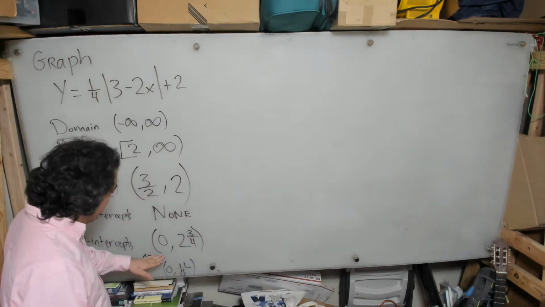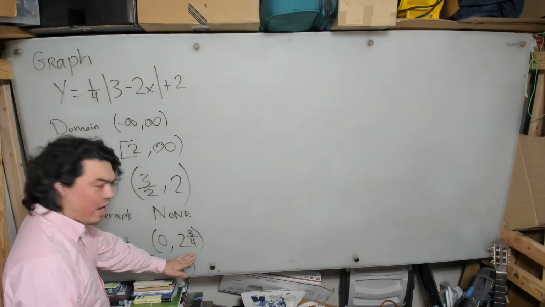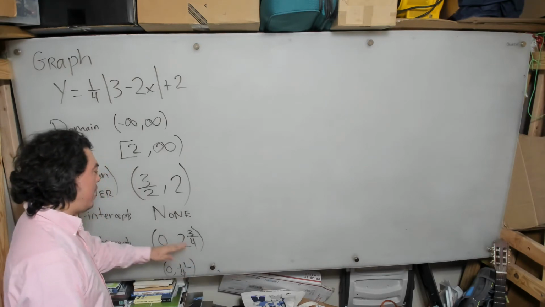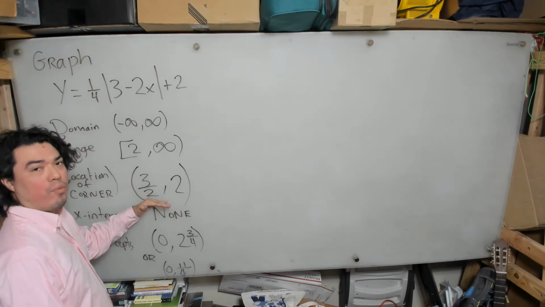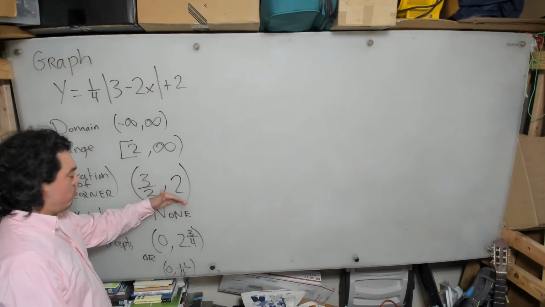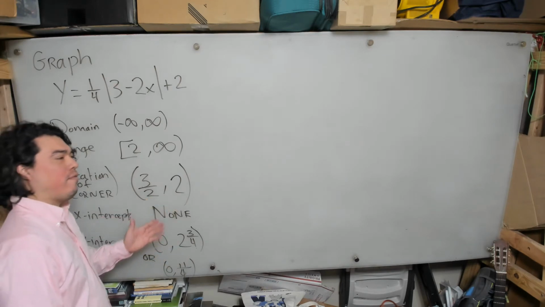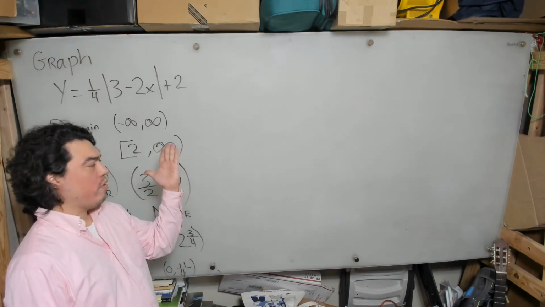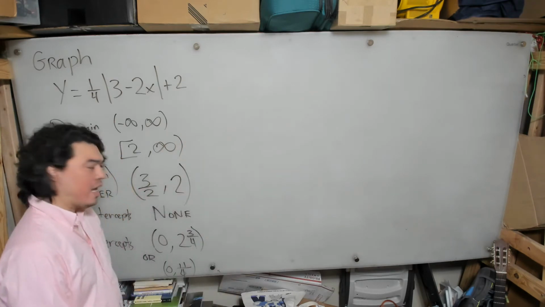So if you notice, my y-intercept is at x equals 0 and y equals 2 and 3/4, and my corner is 3/2, or in other words, 1.5, and 2 up. Okay? So that means, if I want to get another point, I'm going to reflect that way. So I'm going to need to go at least up until x equals 3.